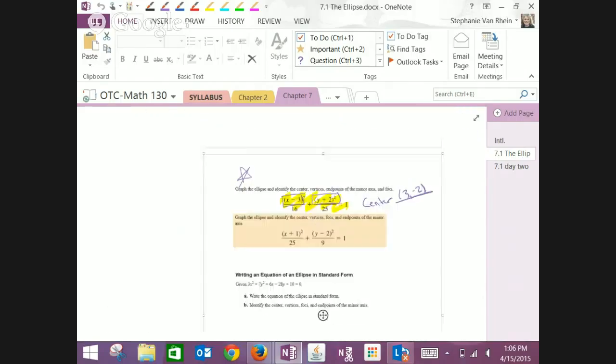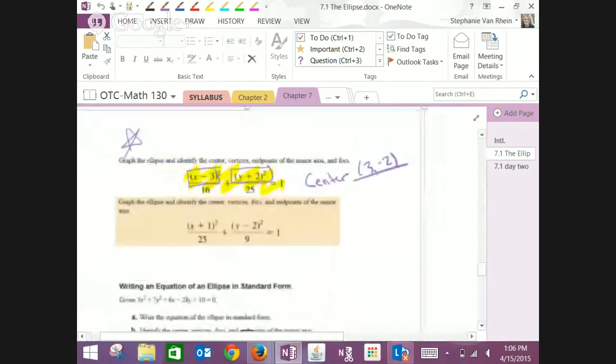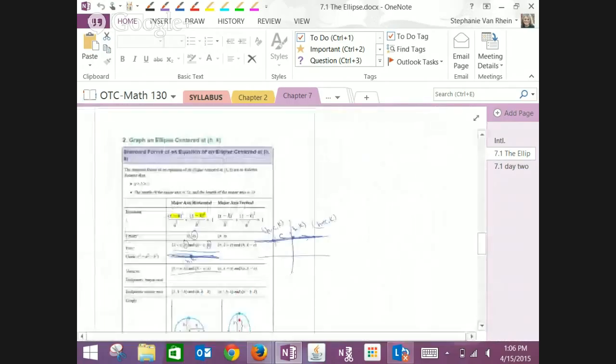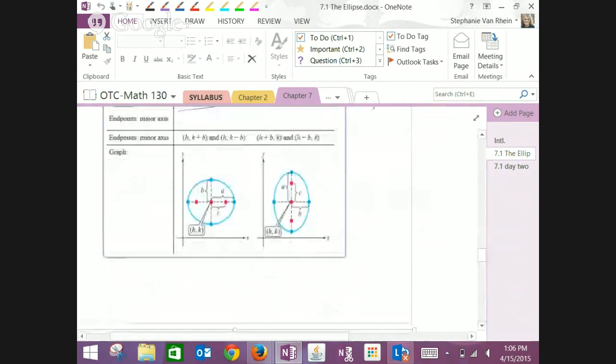Okay, so last time we were talking about looking at ellipses that have been shifted over by H and K. Keep in mind, everything stays the same.